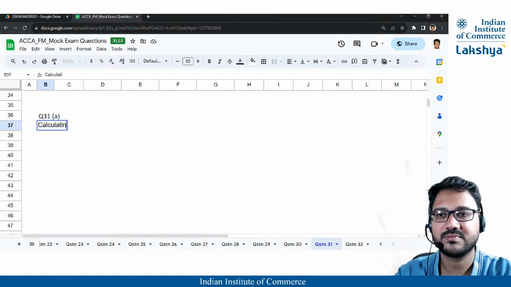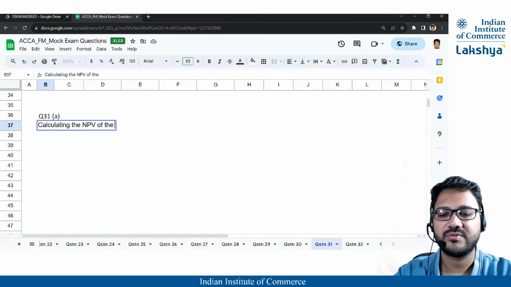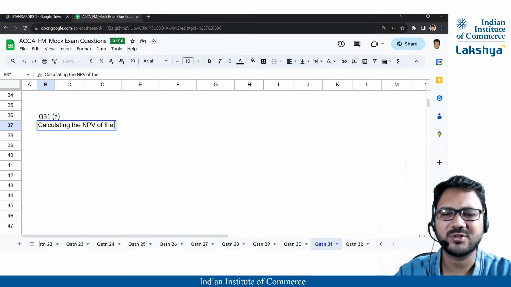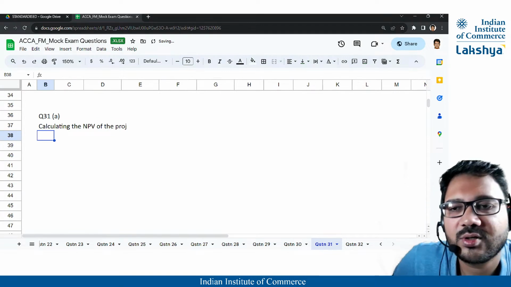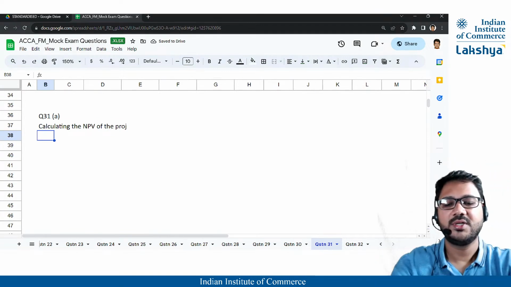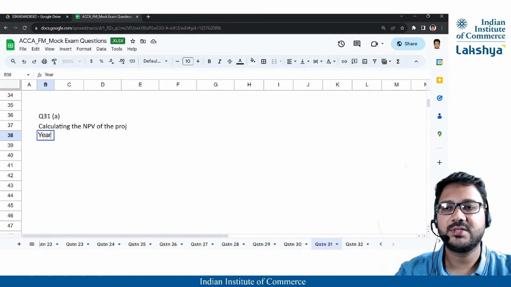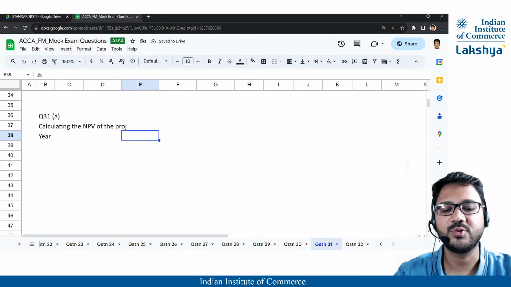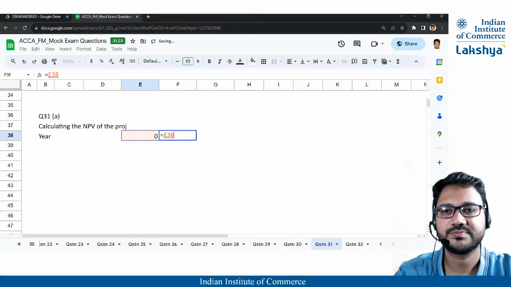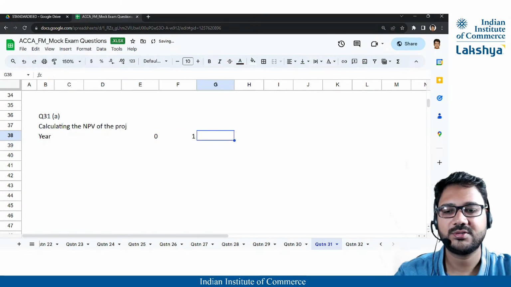Calculating the NPV of the Cargo project. Ideally, just write of Cargo project. Anyways, year. It was a 4-year project. So 0 plus 1, 2, 3, and 4.